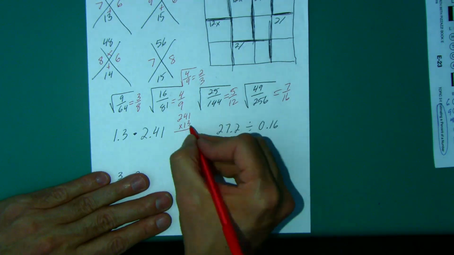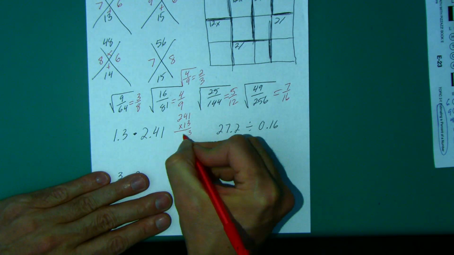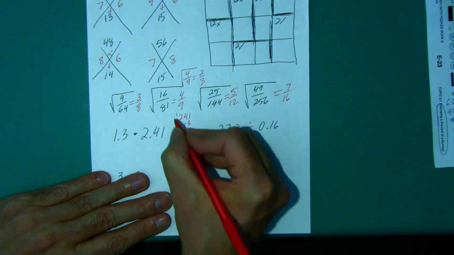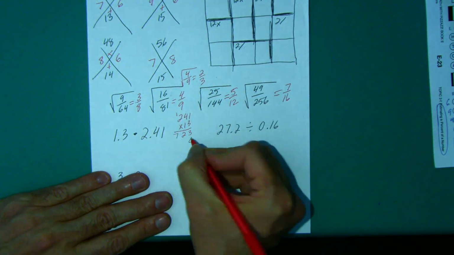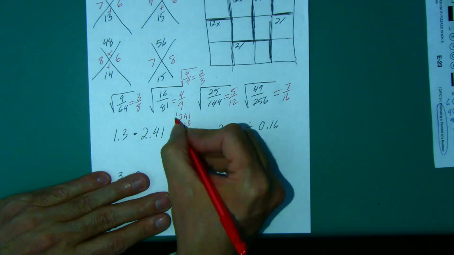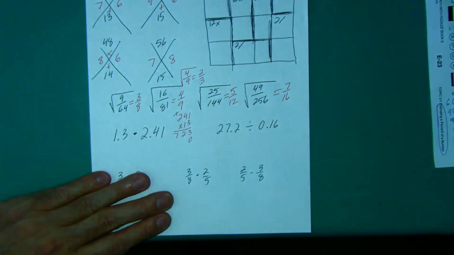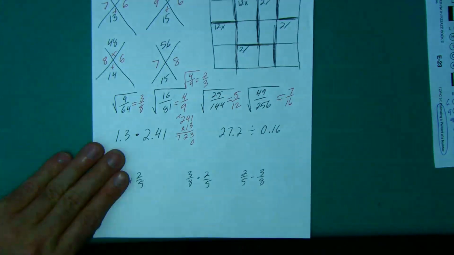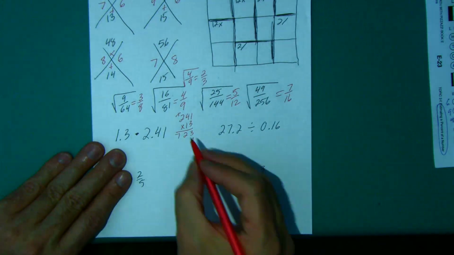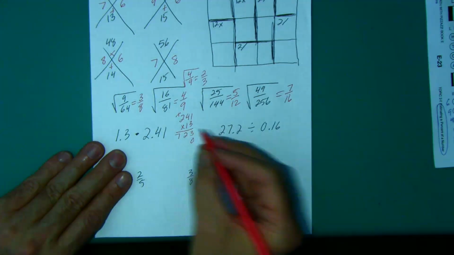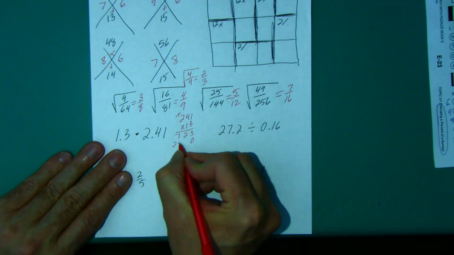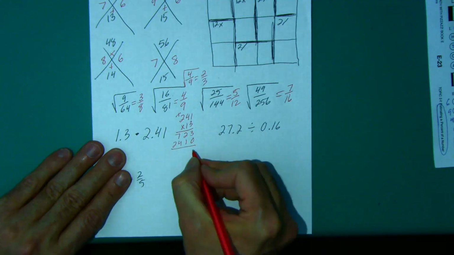I see you sometimes. 3 times 1. 3 times 4 is 12. Carry that 1. 3 times 2 is 6 plus 1, 7. Let's put a placeholder because that 1 is really 10, right? I cross out all my tally marks if I carried, so I don't get confused with the second round. But this is just a 1 anything, right? 1 times anything is itself. So I'm going to go 241 on that because 1 times 241 is 241.